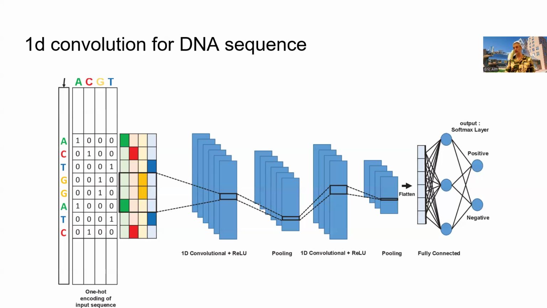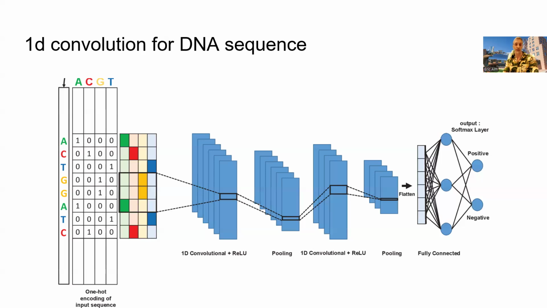If we have 4 channels, it's not just performing a convolution on one channel at a time. Each channel in this layer is connected to all the previous channels, right? So it's a very convenient way to represent sequence motifs. In general, this is what a convolution might look like for a DNA sequence.